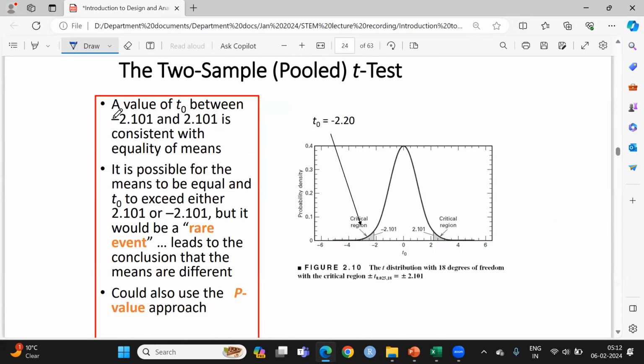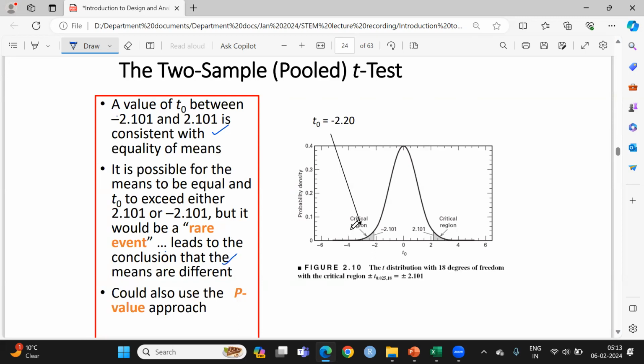As already discussed, a value of T naught between minus 2.101 and 2.101 is consistent with equality of means. It is possible for the means to be equal and T naught to exceed either value, but it will be rare, which leads to the conclusion that the means are different.